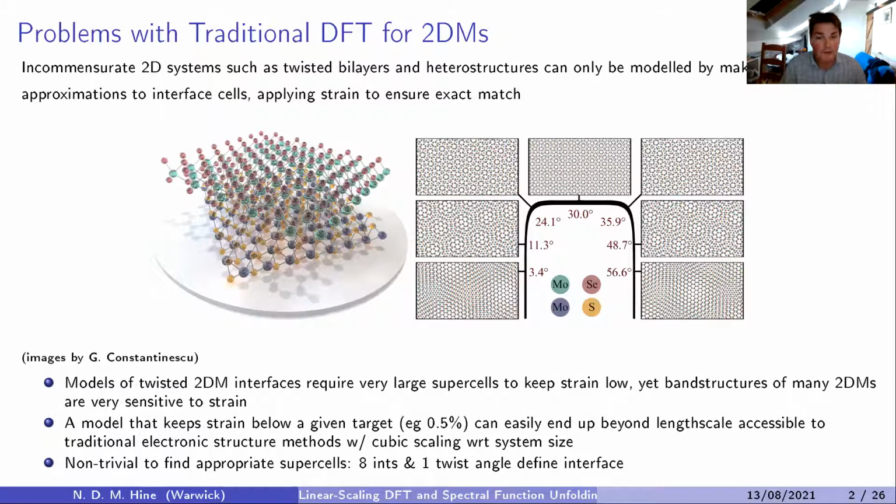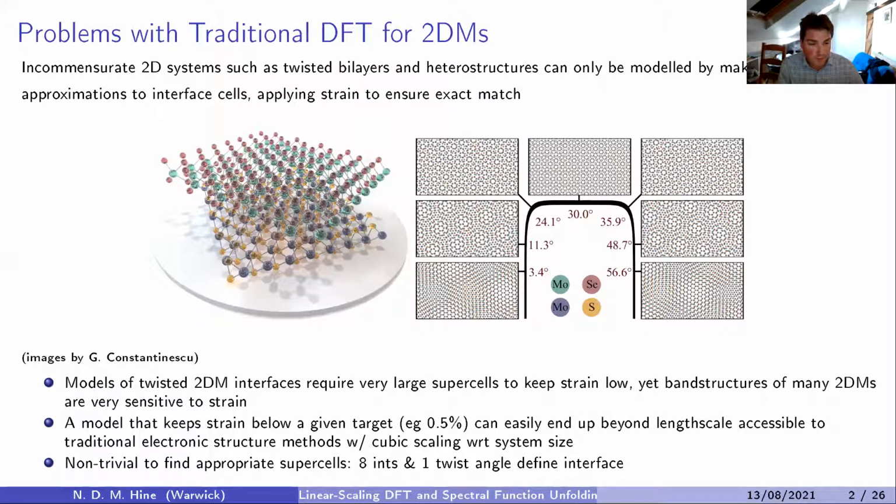And bear in mind, of course, that traditional DFT scales as the cube of the system size. So we have to work very hard to find particular angles in some cases that make the calculations accessible to traditional DFT, and that limits what we can do.